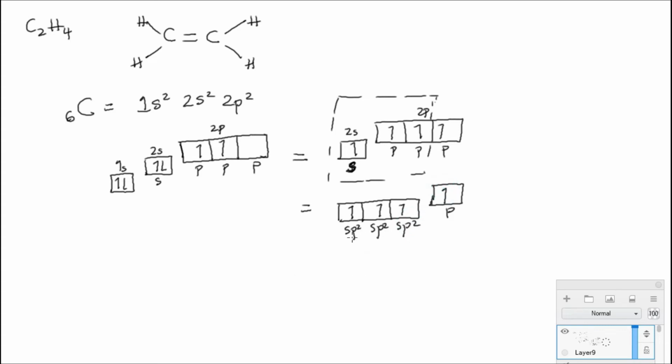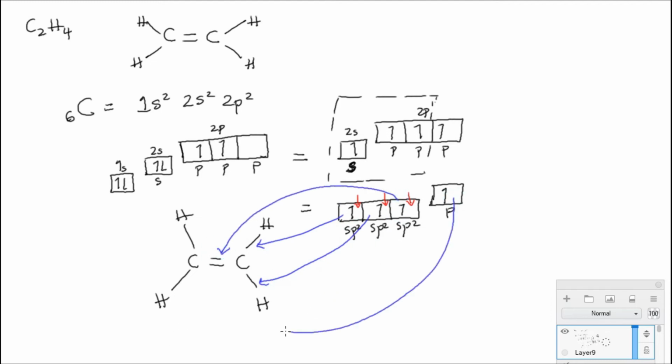The unhybridized p orbital overlaps with the other unhybridized p orbital of the other carbon to form a pi bond. Remember, we have 2 carbons in C2H4. So the overlapping of the unhybridized orbitals of the 2 carbons forms the pi bond. This pi bond is the one responsible for the double bond that appears in the compound.